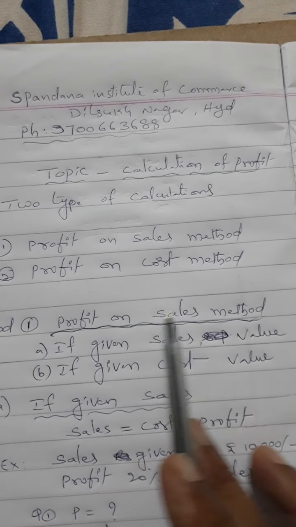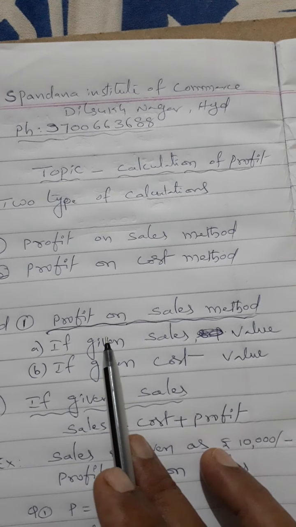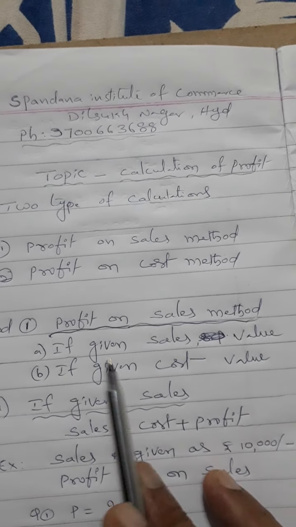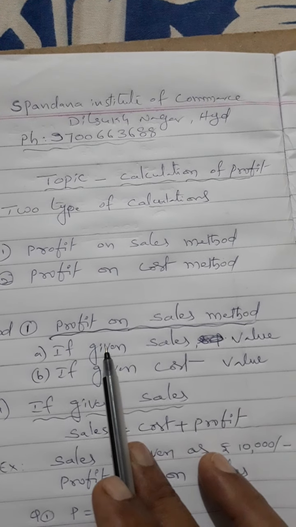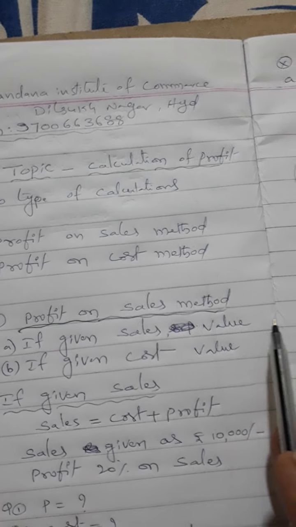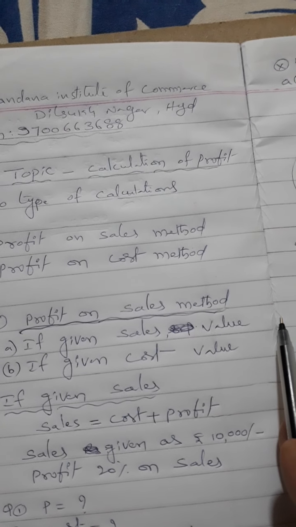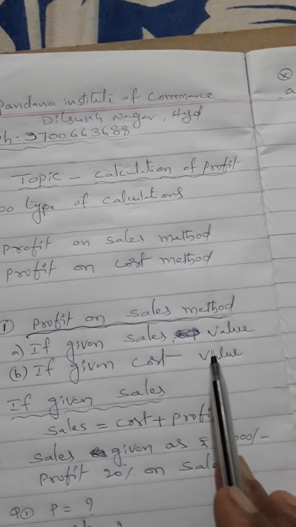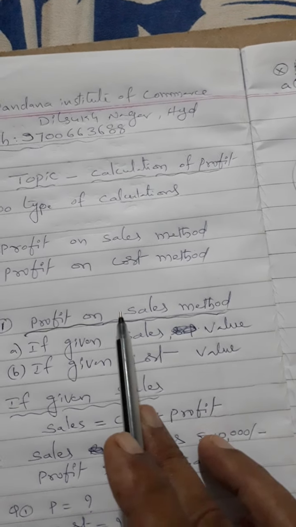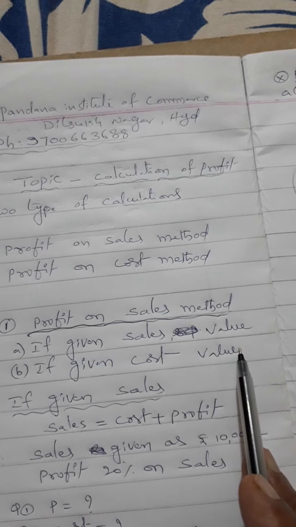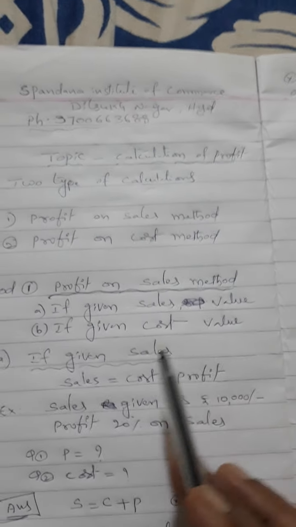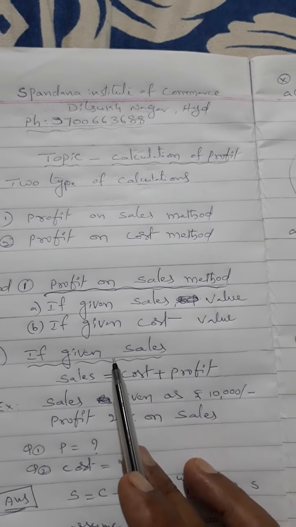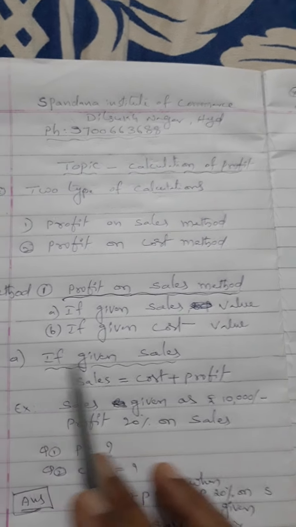Under this profit on sales method, there are again two methods applicable. First one, when sales value as well as profit on sales percentage is given. Second, when cost value as well as profit on sales percentage is given in the question. In both cases, how we should calculate profit, I am explaining here.